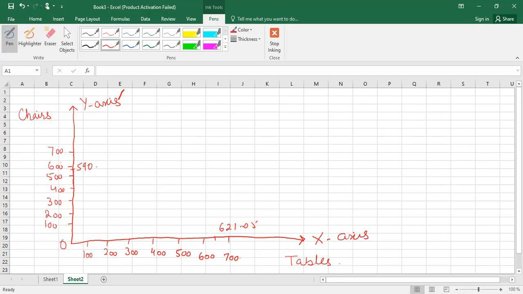I am trying to draw a straight line from 590 to 621. Yes, this is the point. And it came from 2C plus 1.9T is equal to 1180. These are the lines of this equation.